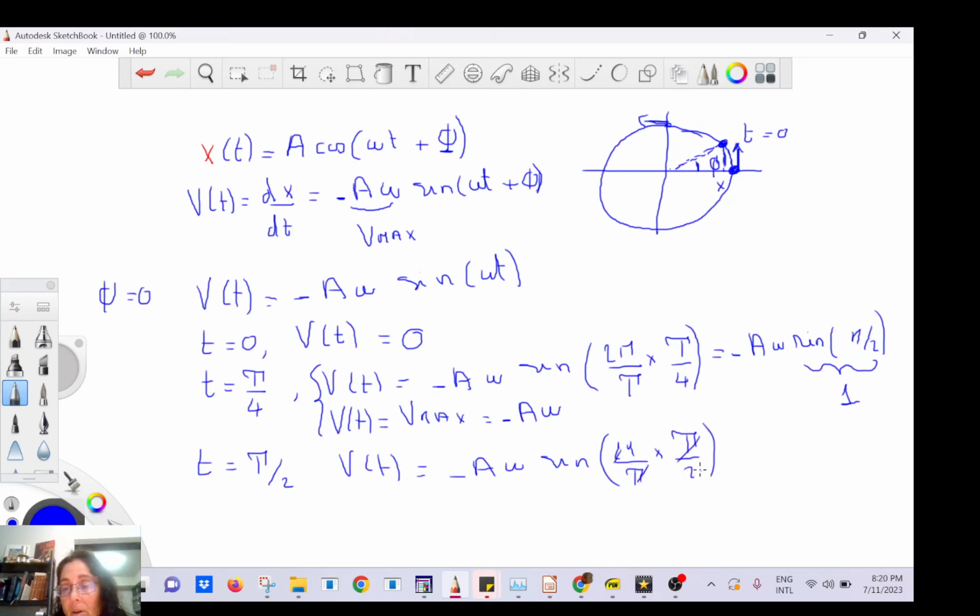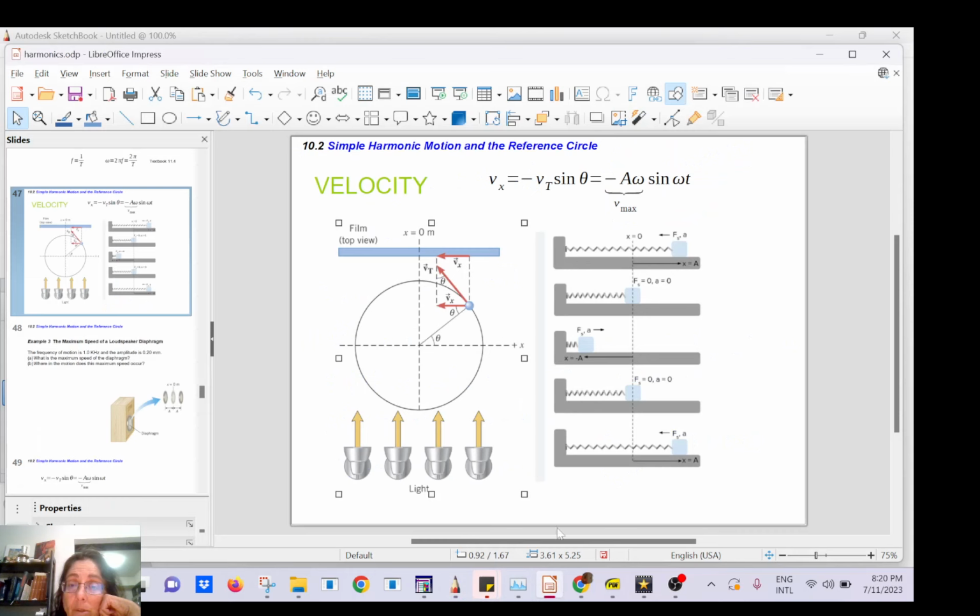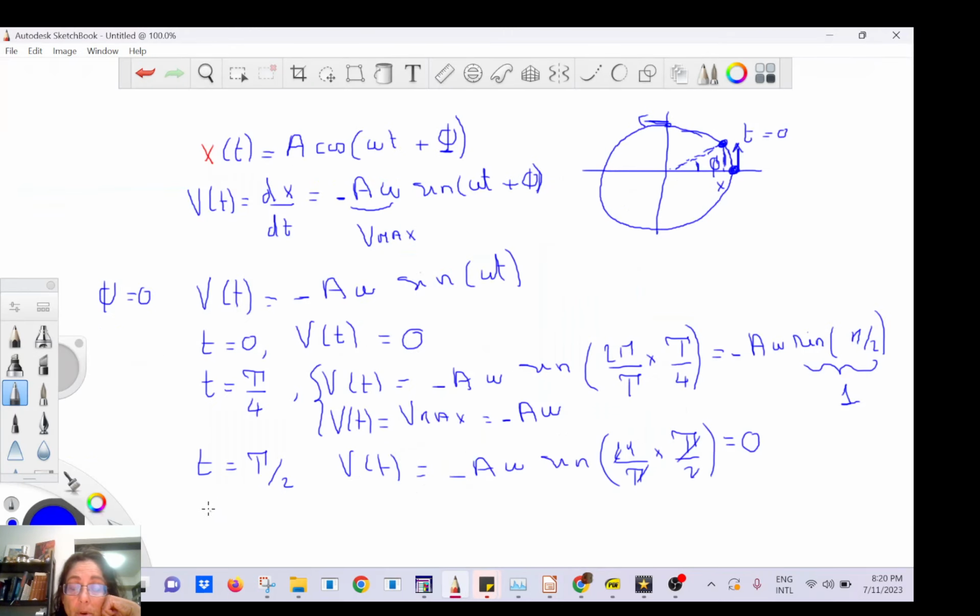You see sine of pi is 0. So half of the period is going to be 0. Okay, so we are here. At that point, there is no x component. It's just pointing down. Okay, so we can keep going.